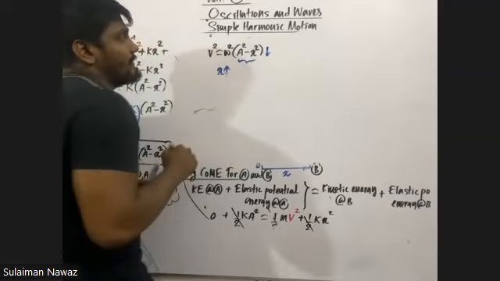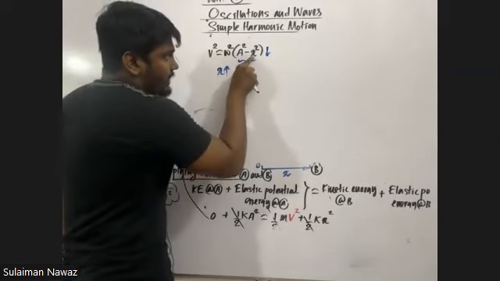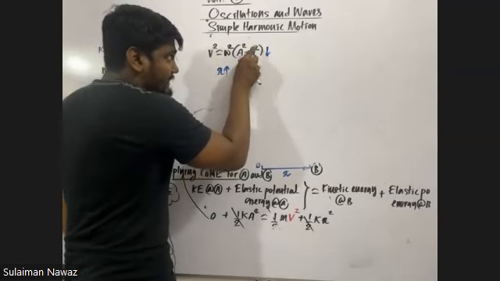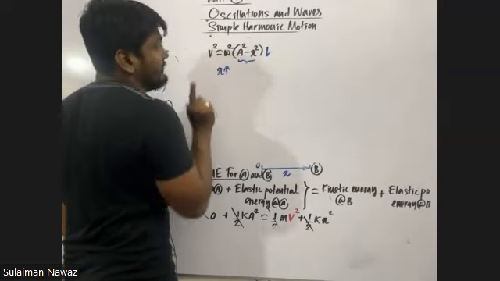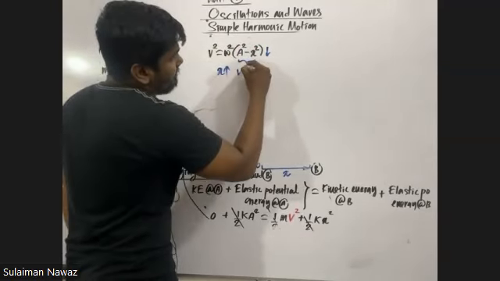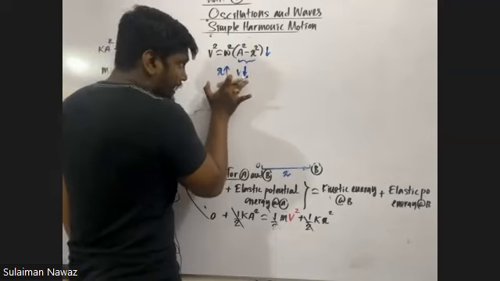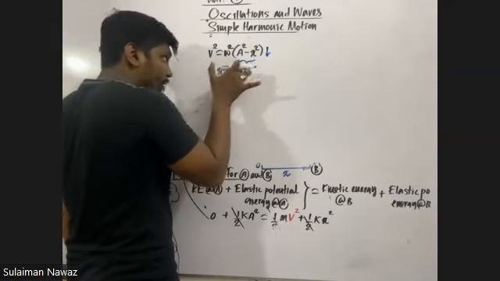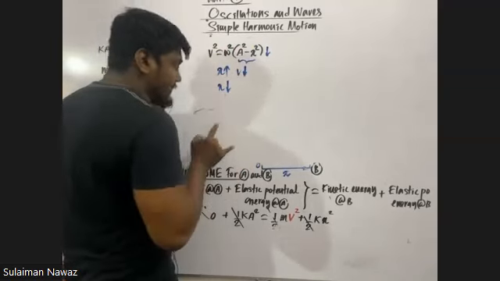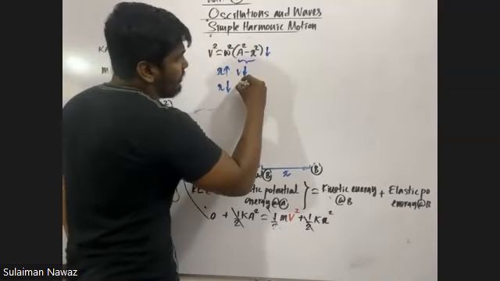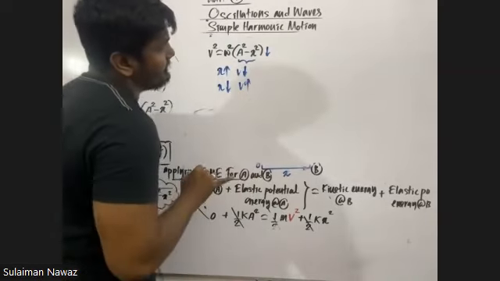Velocity is decreasing, right? Am I correct? When your x is increasing, the A squared minus x squared term is decreasing, therefore velocity is decreasing. So you want to understand, when x increases, velocity decreases. When x decreases, displacement decreases, your velocity is increasing.